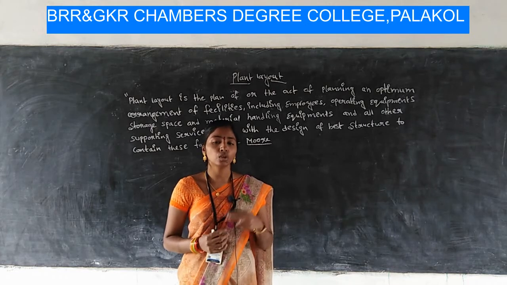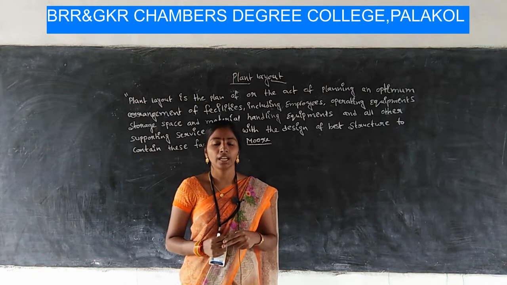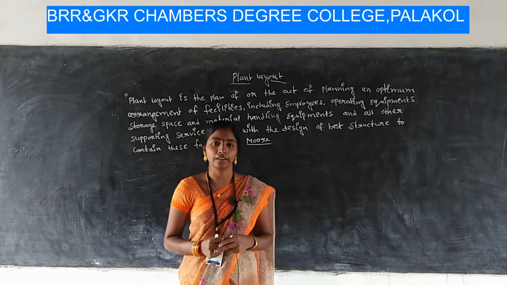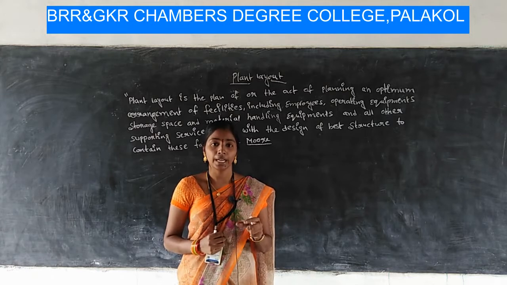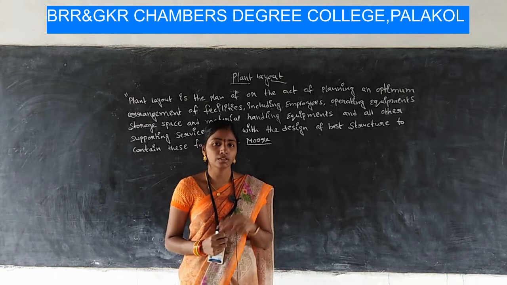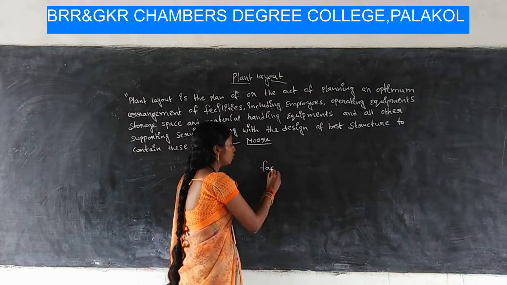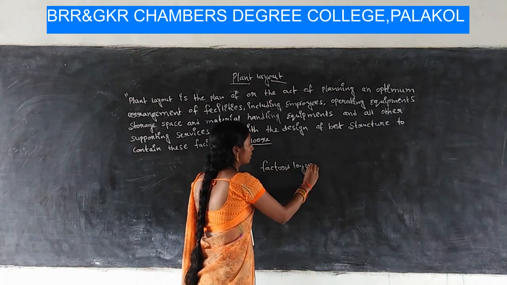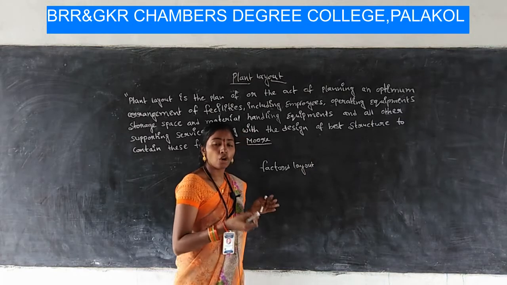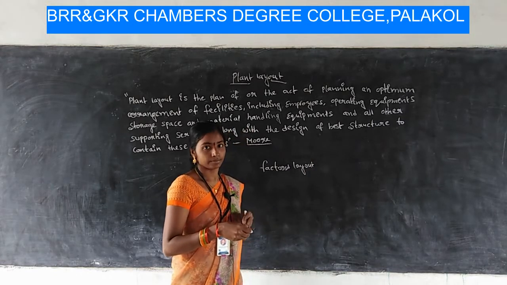Here there are two types of layouts. The first one is factory layout and the second one is plant layout. Of course, it looks very close, but there is a small difference. What is that? First one, factory layout. Factory layout comprises all the activities which are related to the plant.